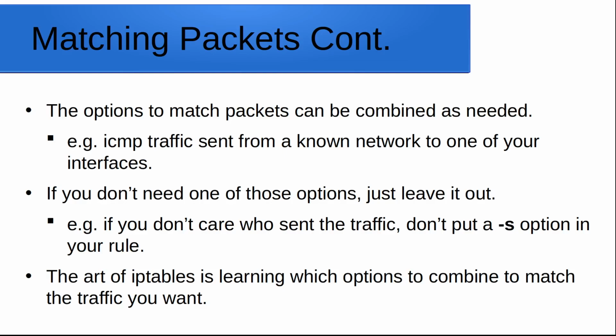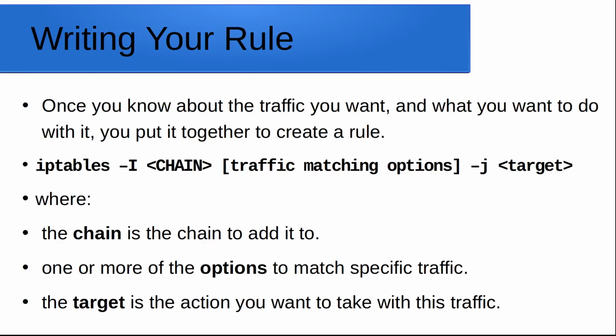Anytime you're doing anything with security, it's a constant cycle of implement new measures, test, revise, implement new measures, test, revise, right? You're always testing. It's a constant cycle. So now that we know what our options are available to us for matching traffic and what we're going to do with it, let's actually look at some examples of how to do it.